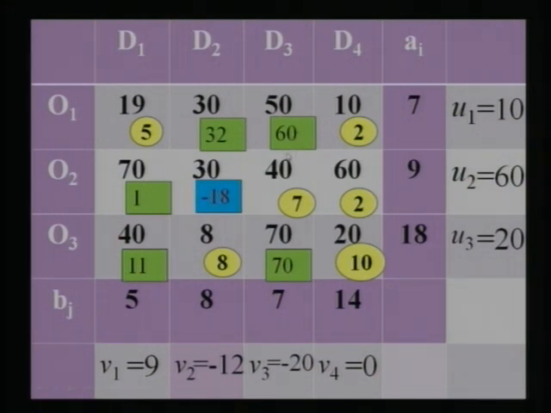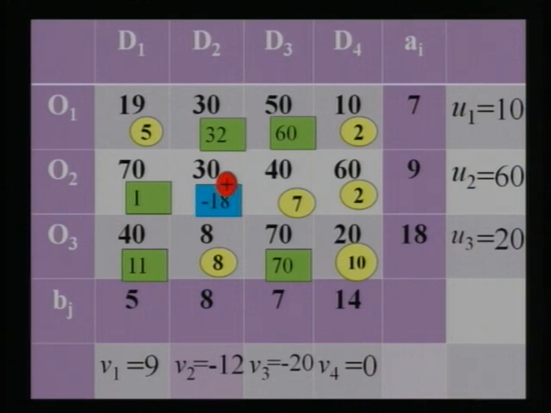So we select the most negative value of Dij. Then we mark it with a plus sign. You can see on the screen a red plus circle appearing, and we have marked that particular empty cell. Why? Because it is a cell corresponding to a non-basic variable. So we mark it with plus.